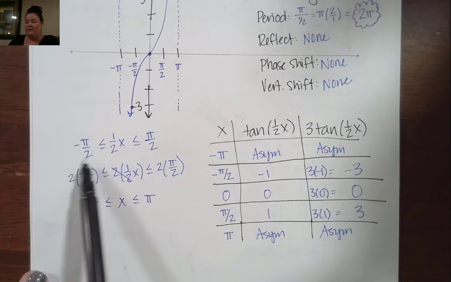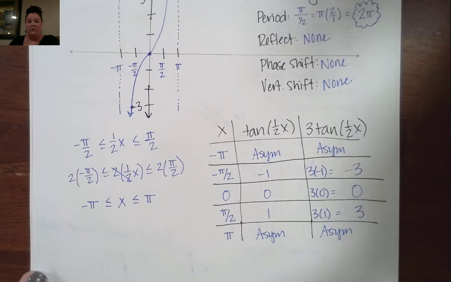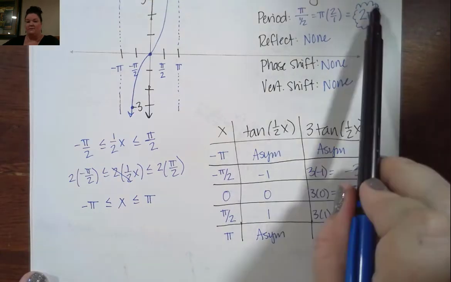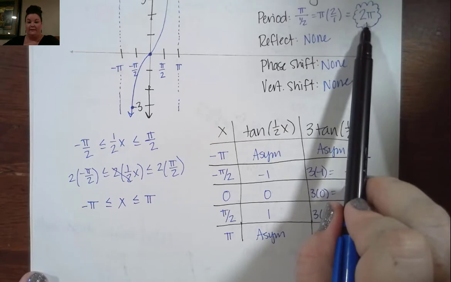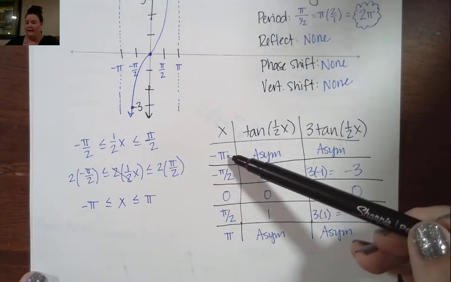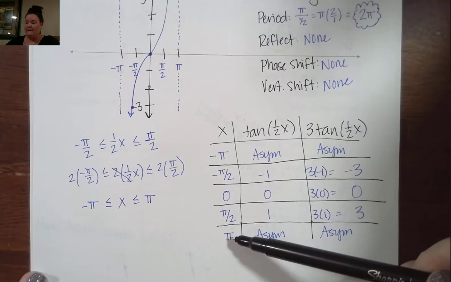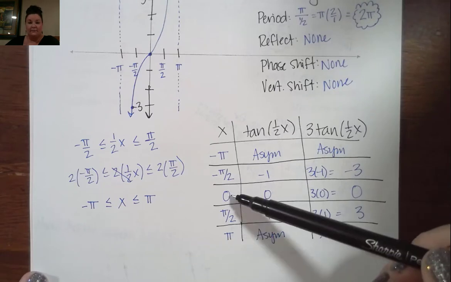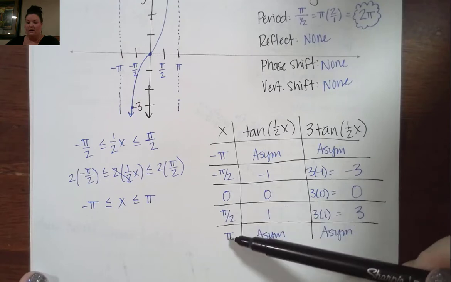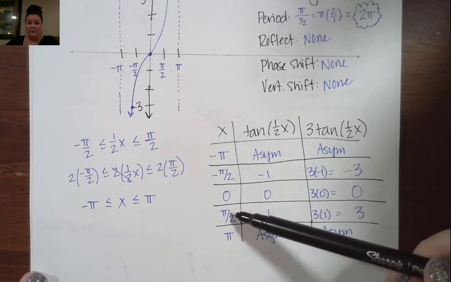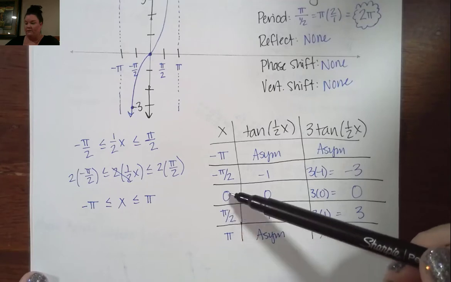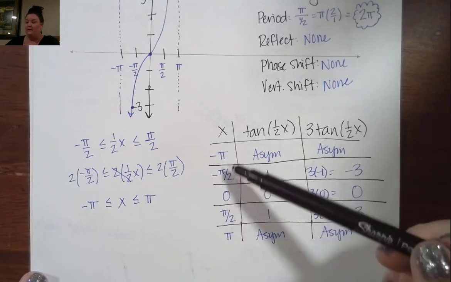And in all 3 areas, my 2's are going to cancel out, which means that this function is going to fall between negative pi and positive pi, which makes sense, right? Because we have a 2 pi period here. So from negative pi to positive pi, it should be easy to see that our intermediate point here is 0. And then halfway between 0 and pi is pi over 2, right? So that means halfway between 0 and negative pi would be negative pi over 2.